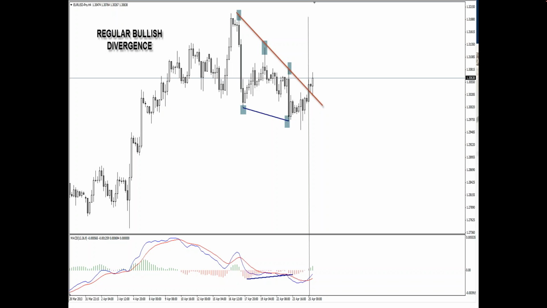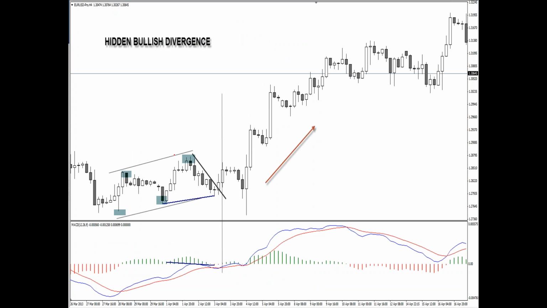And these are some chart examples. Okay? This is bullish divergence. Okay? This is hidden bullish divergence. Higher low, lower low here.